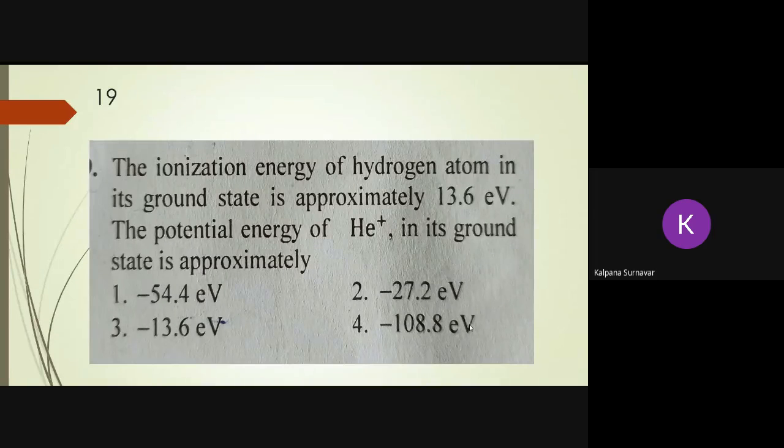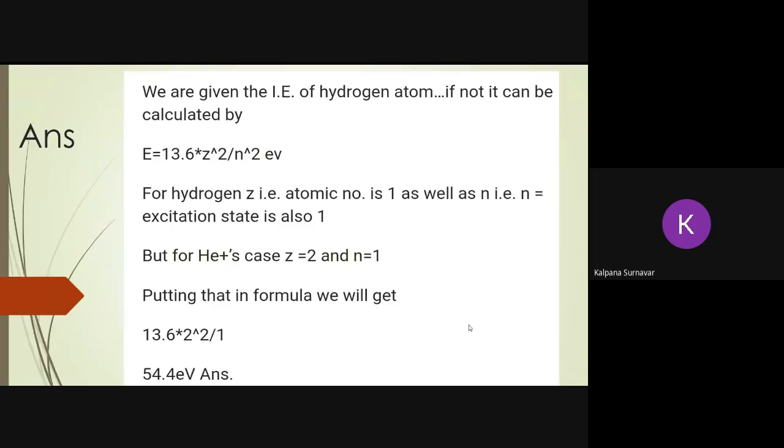Now we are going to learn how to find out the potential energy of He plus or lithium 2 plus or He2 plus and so on by knowing only the ionization energy of hydrogen. See, here is the answer. We have been given the ionization energy of a hydrogen atom, and now we have to calculate the potential energy of He plus.